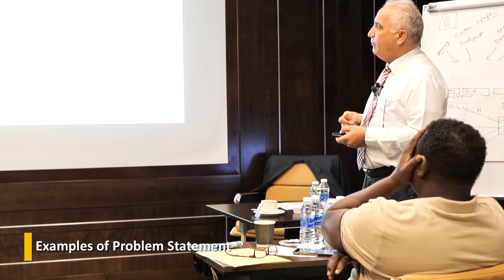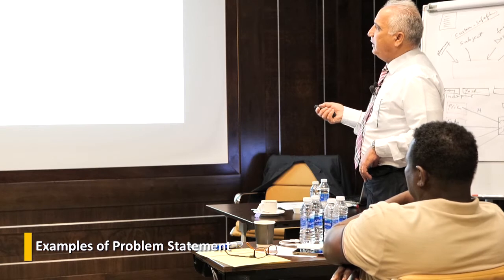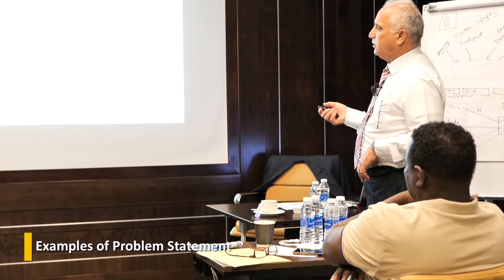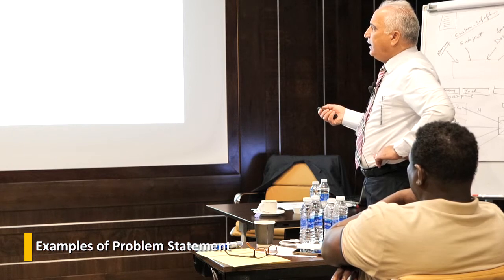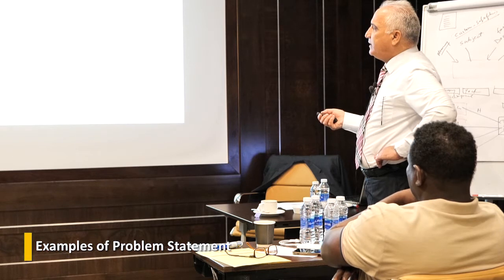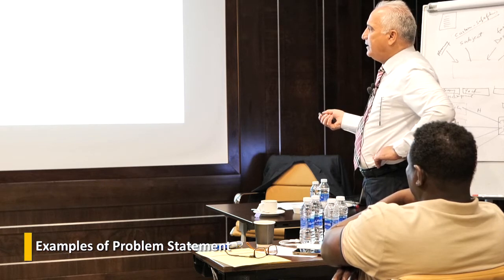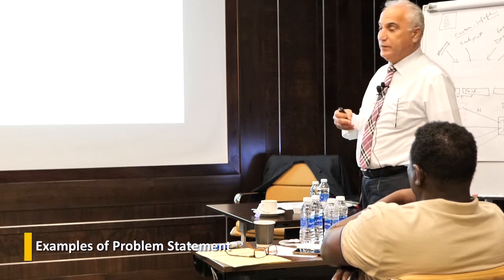Here is an example of a problem. The frequency of job layoffs is creating fear, anxiety, and loss of productivity in middle management workers. While this is a problem statement, itself it is just one statement. Now you need to present it in a more argumentative way by saying, okay, I'm looking at the opinions of different people.